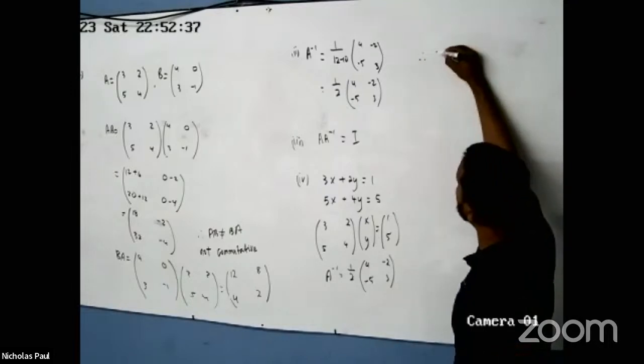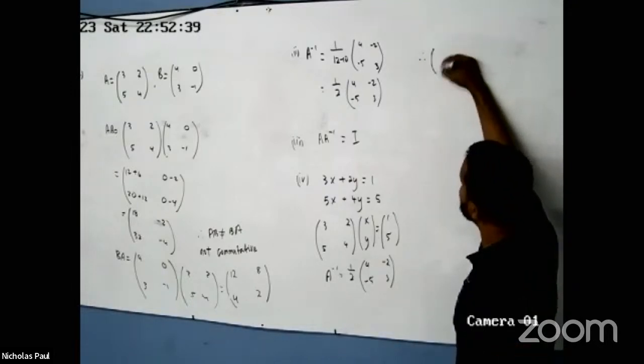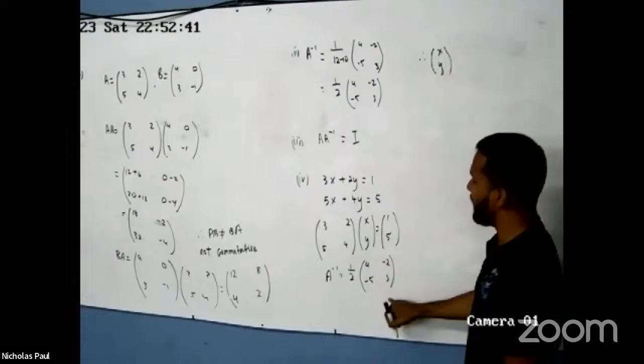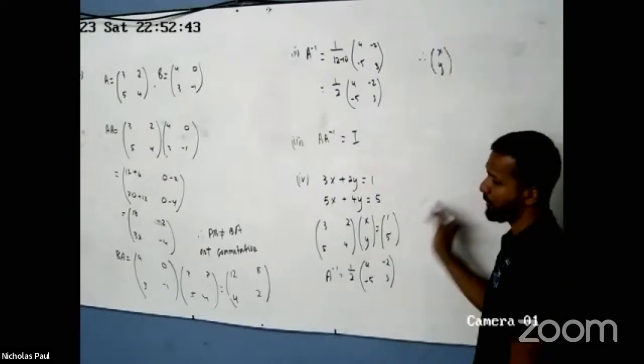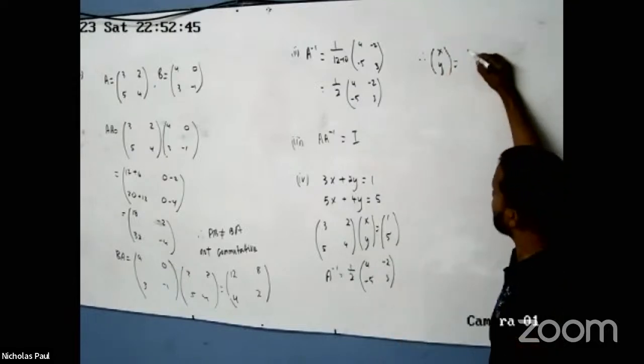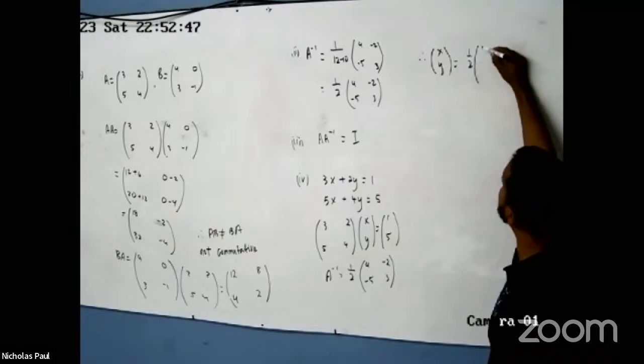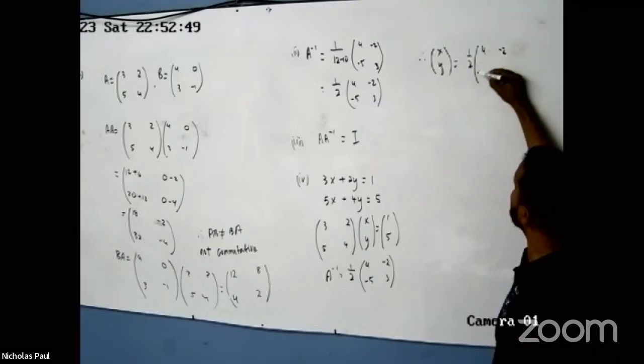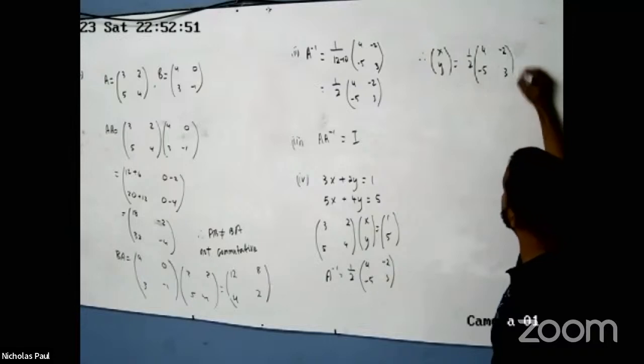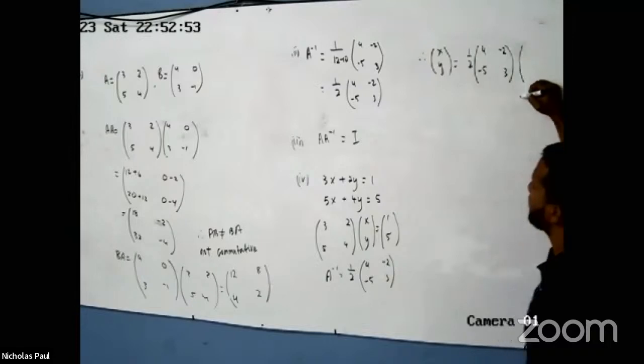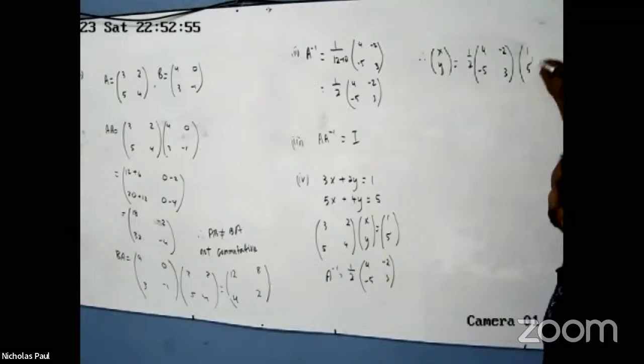So therefore, xy, we already have A inverse, so you don't want to go and work it out. If you work it out, it's okay. So xy is equal to 1 over 2, 4, minus 2, minus 5, 3 by 1, 5.